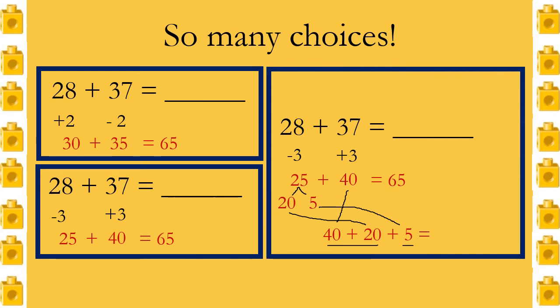Doesn't matter which way you do it, you're still going to get 65. Okay? You can do any one of these. You could even subtract if you wanted to. So just remember, when you're doing compensation, there's no one way. You have several options.